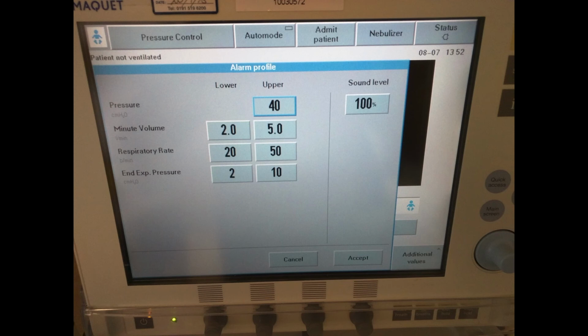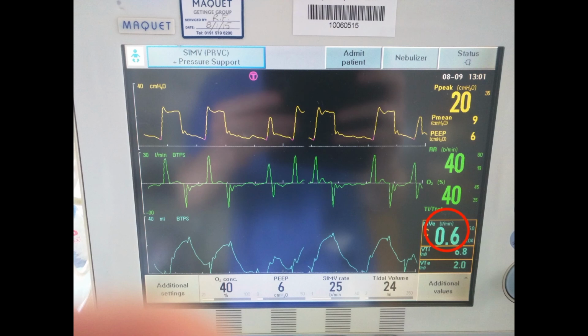The other things you may want to set are the alarms for the minute volume, and it can be difficult enough to work out what your minute volume is. It's really your tidal volume multiplied by your respiratory rate, but the best place to get this is actually look at the ventilator screen, and that's why I prefer to set the alarm limits up once the patient's on the ventilator. You can see on the screen here you've got 0.6 circled, and this is the minute volume.